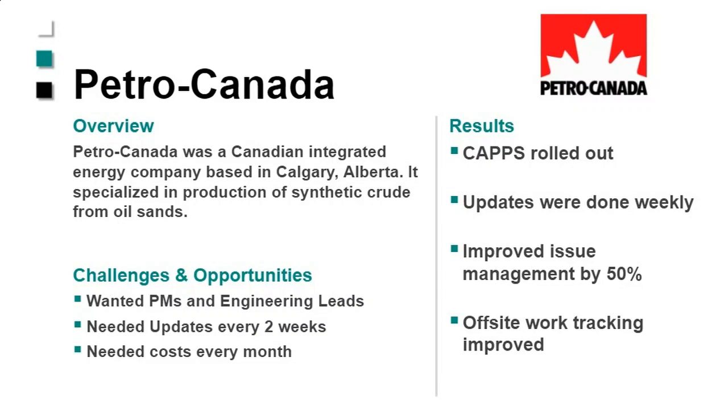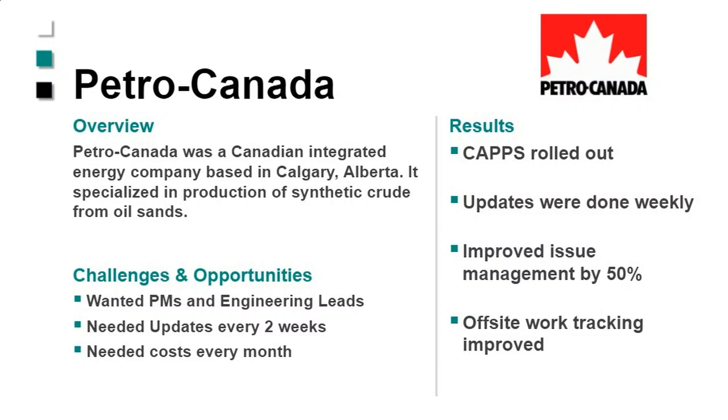So at the time when they started with this tool, they needed the updates: schedule updates, dates, percent completes. They needed those every 2 weeks. And then they needed the costs updated once a month. So this made a huge difference in their ability to get the updates in.